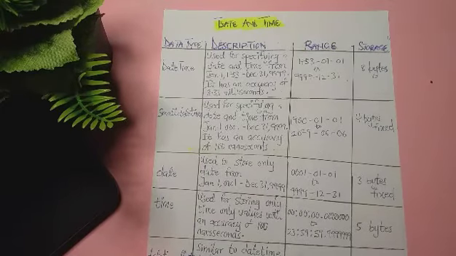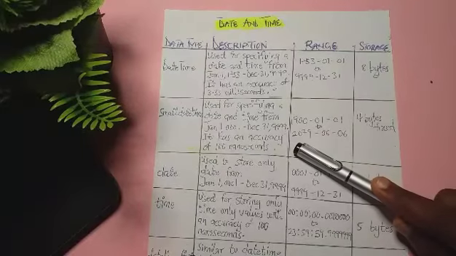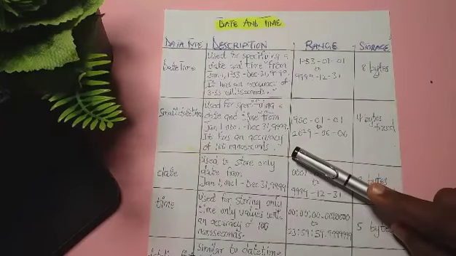And we have the smalldatetime, used to specify date and time from 1st January 1 to December 31st, 1999, and it has an accuracy of 100 nanoseconds, and this is the range, and it has 4 bytes fixed.